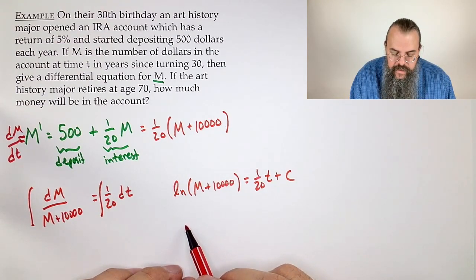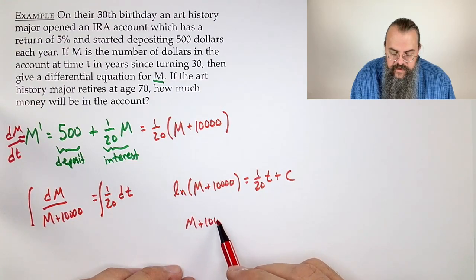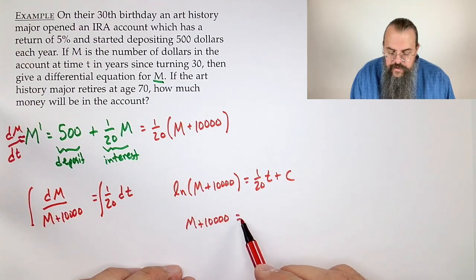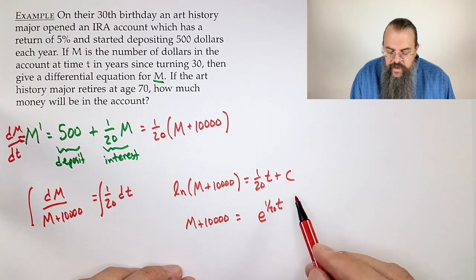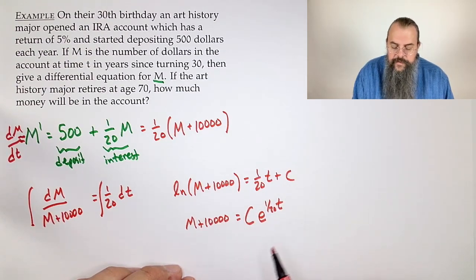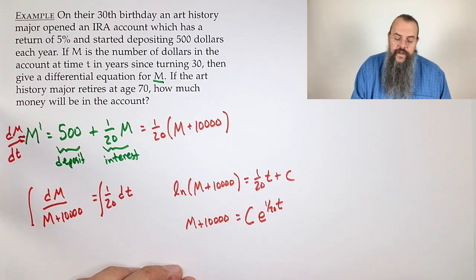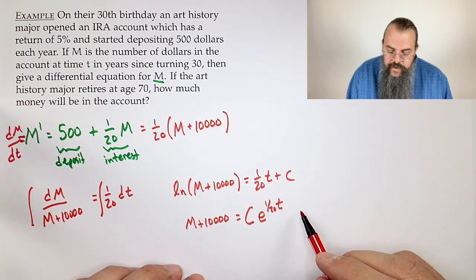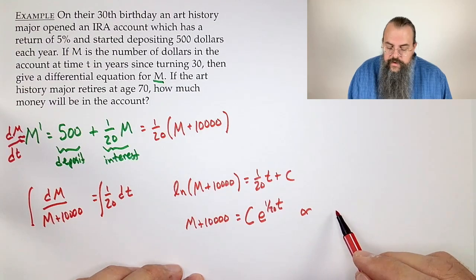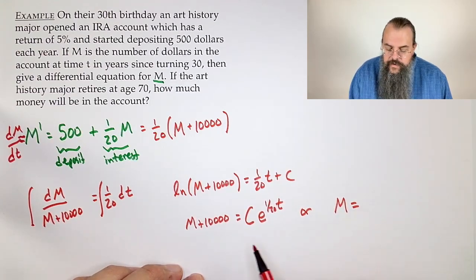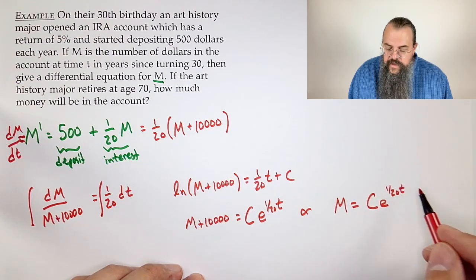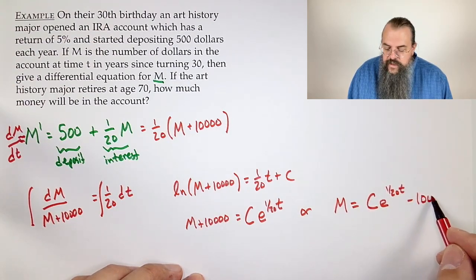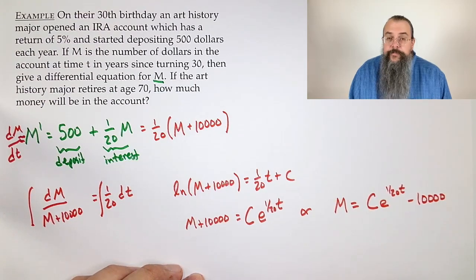We can say, okay, M plus 10,000 is equal to e to the 1/20th t. And then this e to the constant, well, that becomes a new constant, C. And we can say, look, M is equal to this constant, e to the 1/20th t, and we'll subtract 10,000.